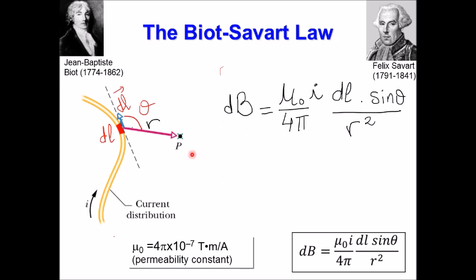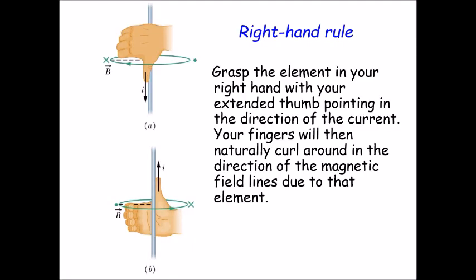But what about direction? How can I know the direction? The magnetic field dB is into the board. How do you know that? Well, I will apply what I call a right-hand rule. There is always a right-hand rule in magnetism, and this is a right-hand rule for current.